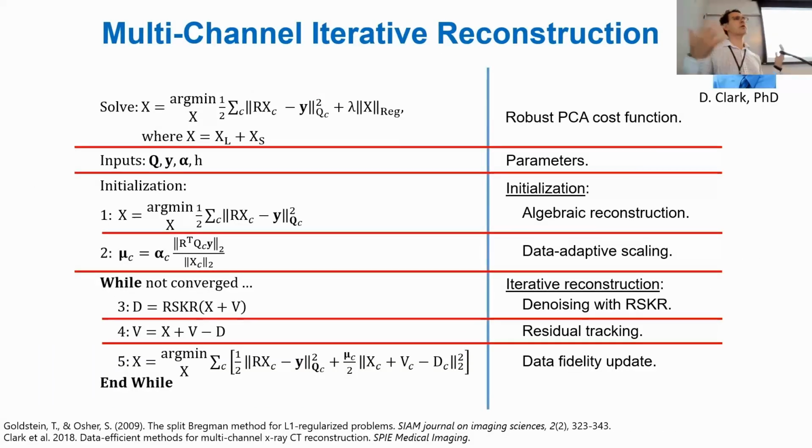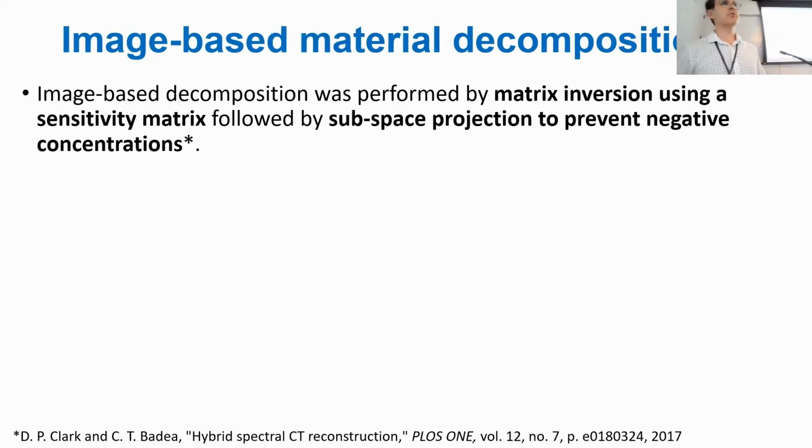Now, we reconstruct jointly. I'm not going to go into details of image reconstruction. Darin Clark is there, and you can ask him more about this. But in essence, this is an iterative reconstruction that is using this multi-channel, multi-energy data. Sometimes we apply it for time as well. Then we perform some image-based decomposition by matrix inversion using a sensitivity matrix.